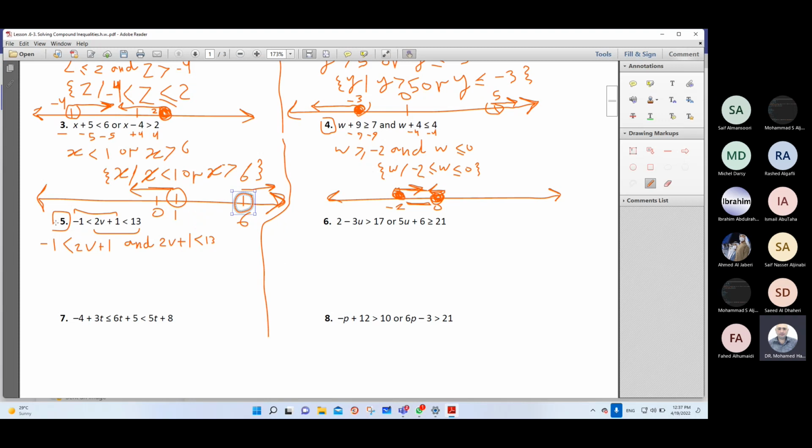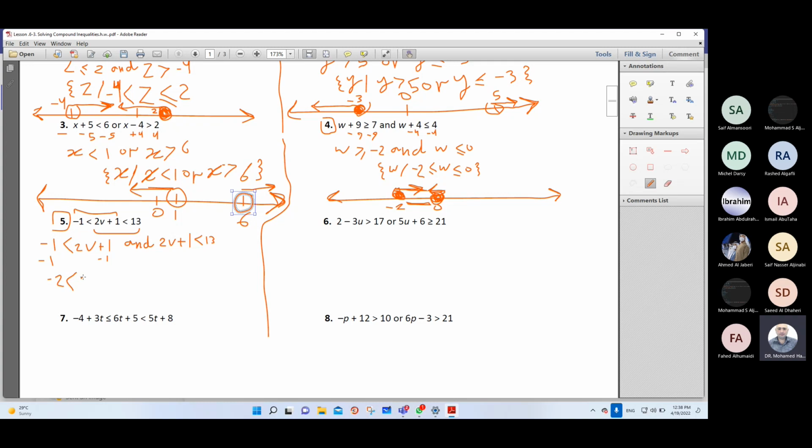I will continue number 5. So the first inequality, try to remove 1 from this side to keep the variable alone. So add the inverse, negative 1 here and negative 1 here. Minus 1 and plus minus 1 will be minus 2, and you have the same sign here.